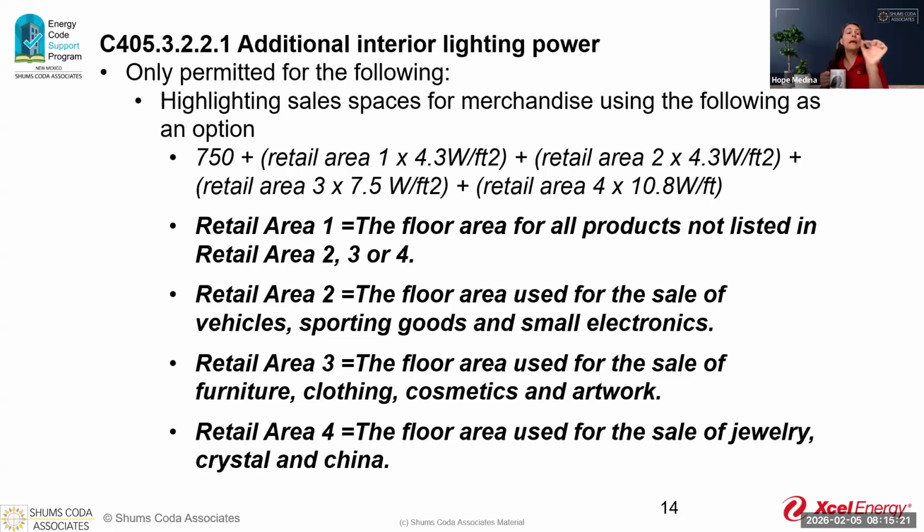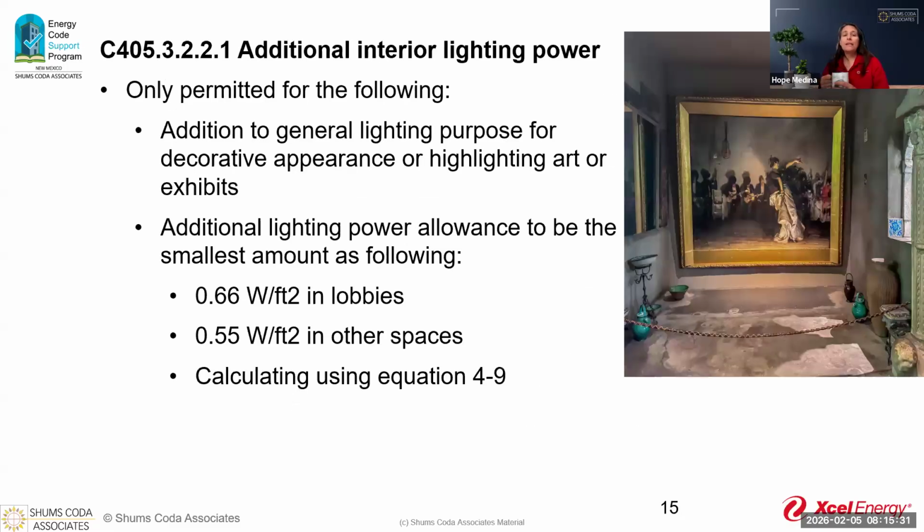Now, if they go with the building area method, they are not allowed to add additional lighting. It's only if they do the space by space method. The next one is they do allow additional lighting when it comes to highlighting art, right? Or, you're at the museum and you're highlighting an exhibit.